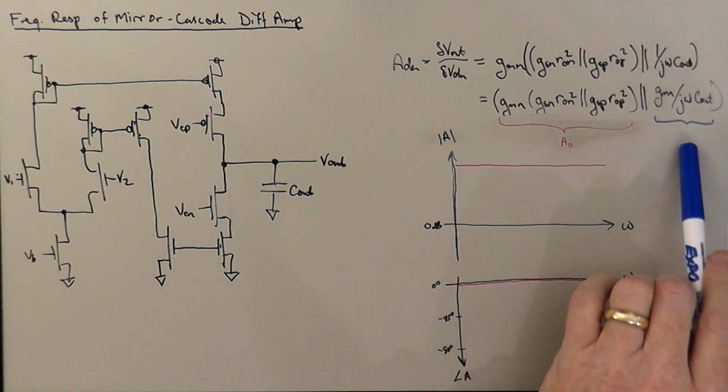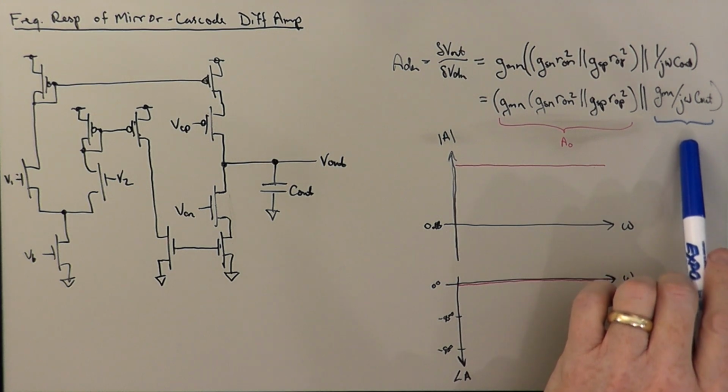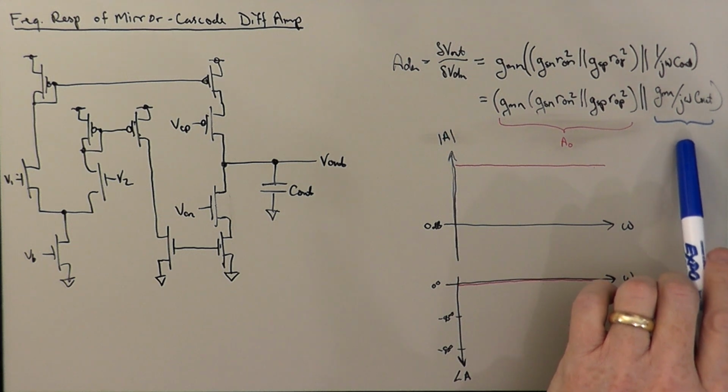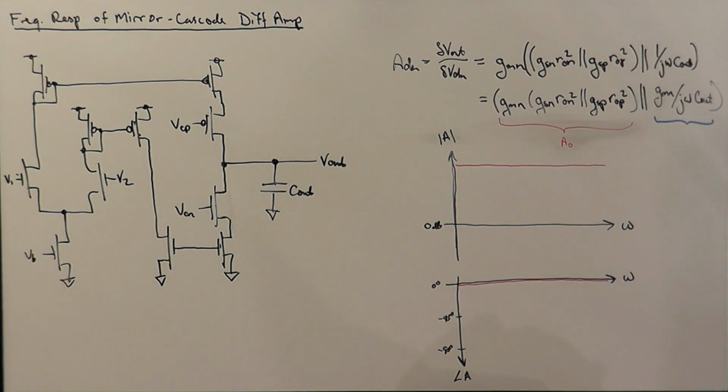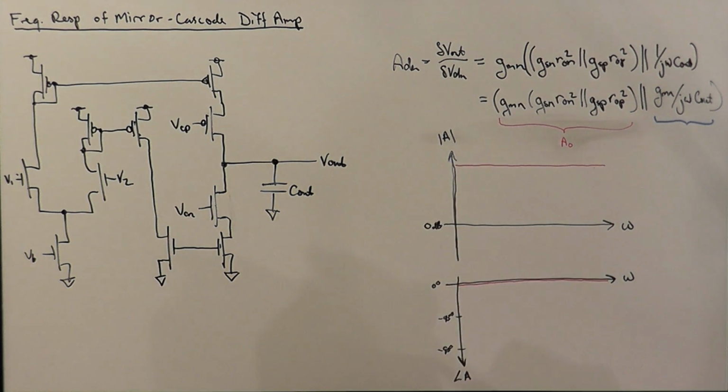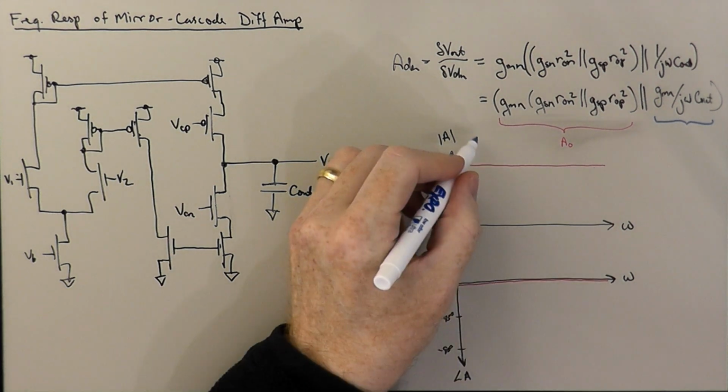Now the blue component here is falling inversely with omega at all frequencies. And that means that it's a straight line with a slope of minus 20 dB per decade.